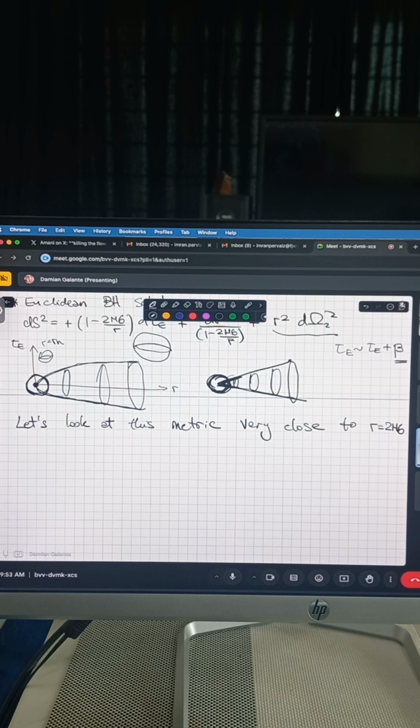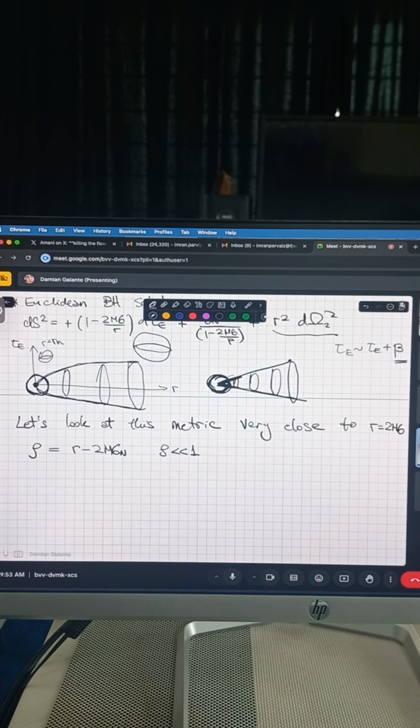So I can define a new coordinate, maybe rho, that is r minus 2MG Newton, and I will consider the limit where rho is very small.